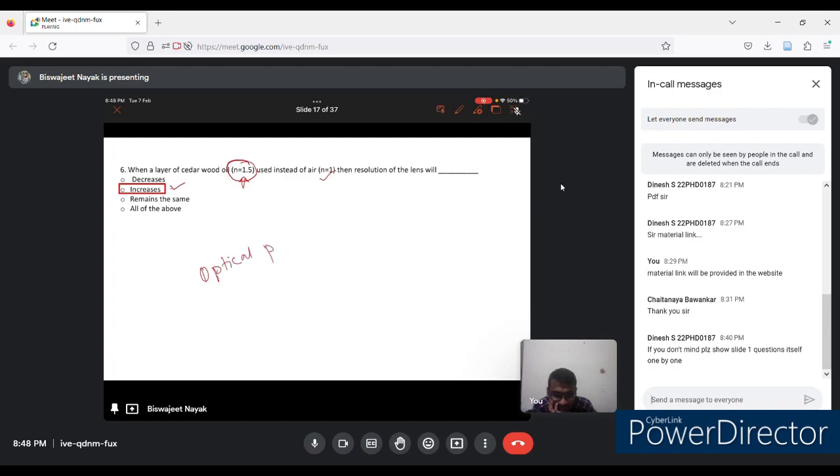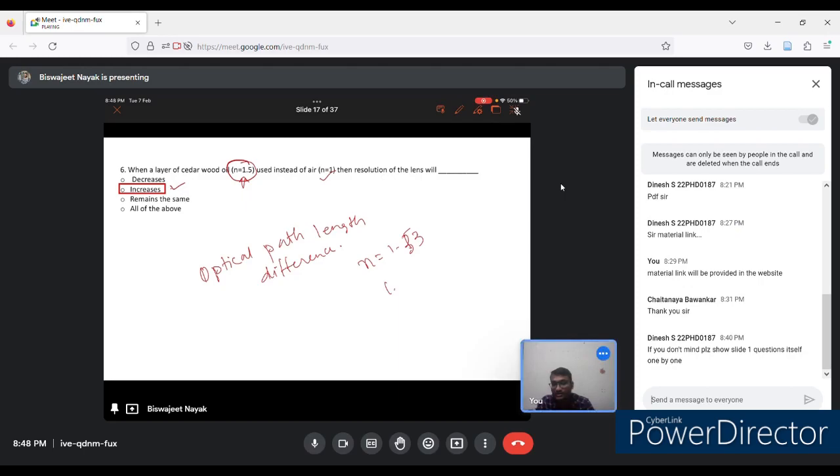Optical path length difference. Okay, you have to calculate that. You have given n in medium 1.33, sir. And then the thickness they are provided, sir, 1.5 micrometer.